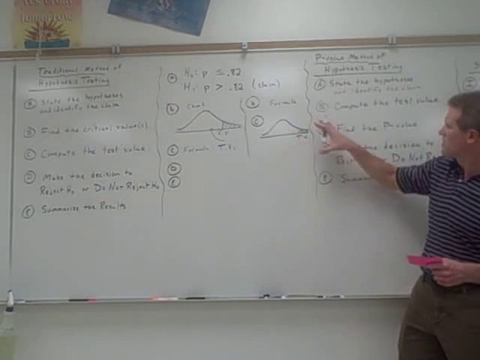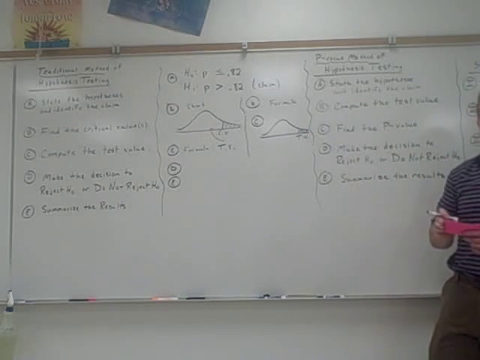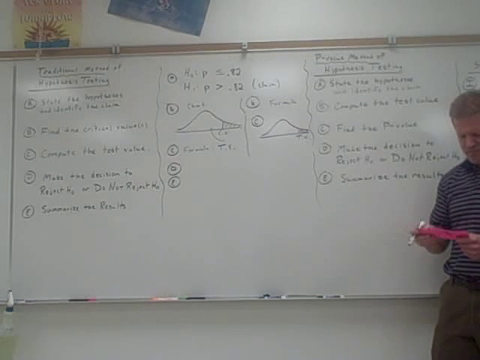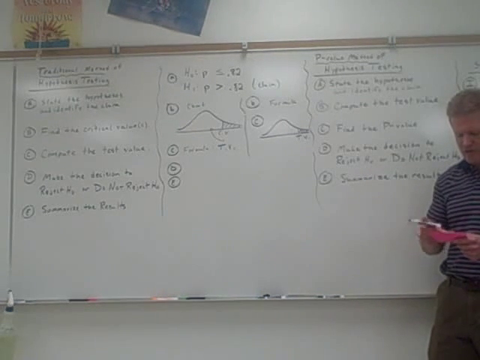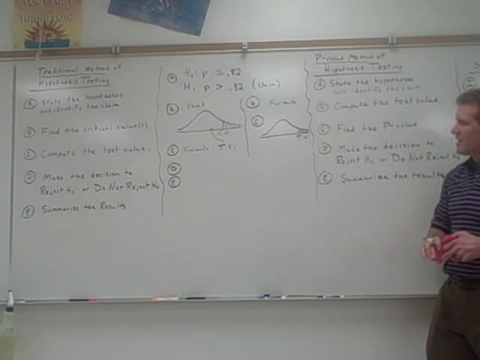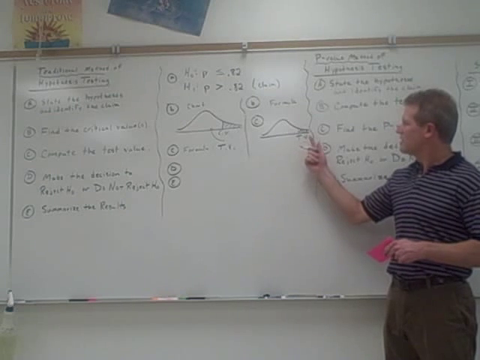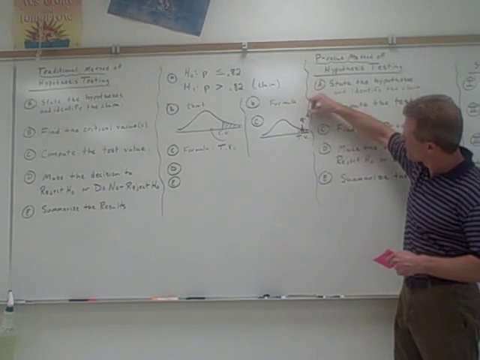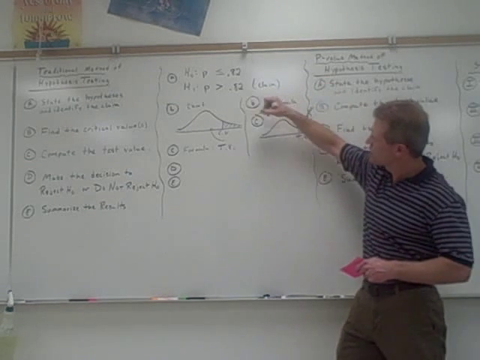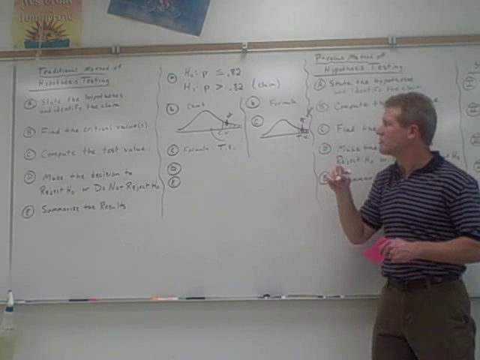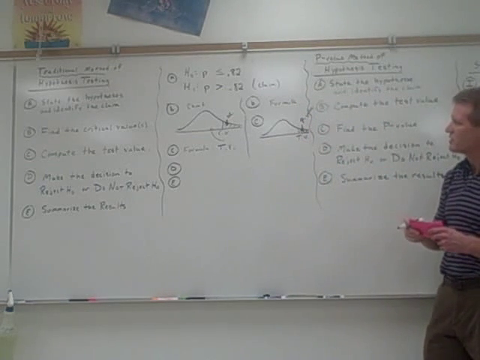What part of the picture is considered the p-value? The shaded tail. Yep. The area outside of the test value is your p-value. So that area right there is the p-value. The area outside the critical value is alpha. Okay, so two different names for those two areas.